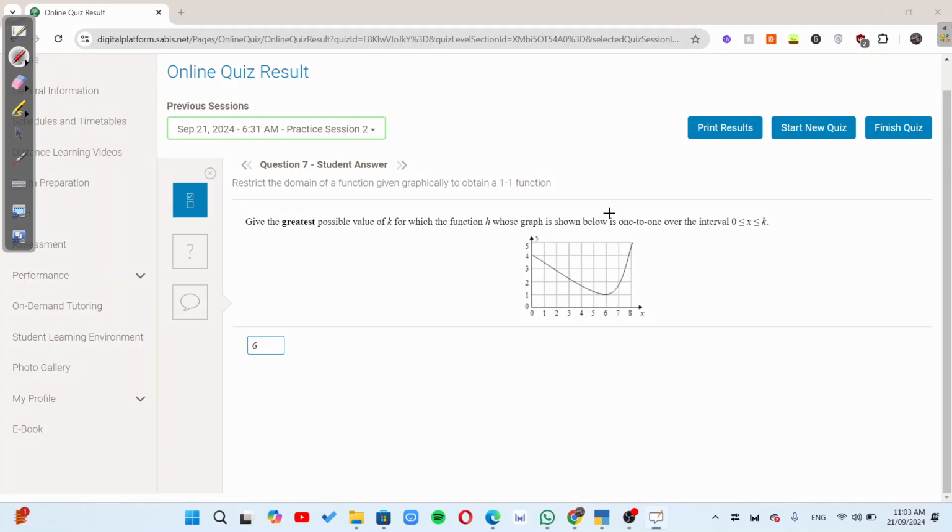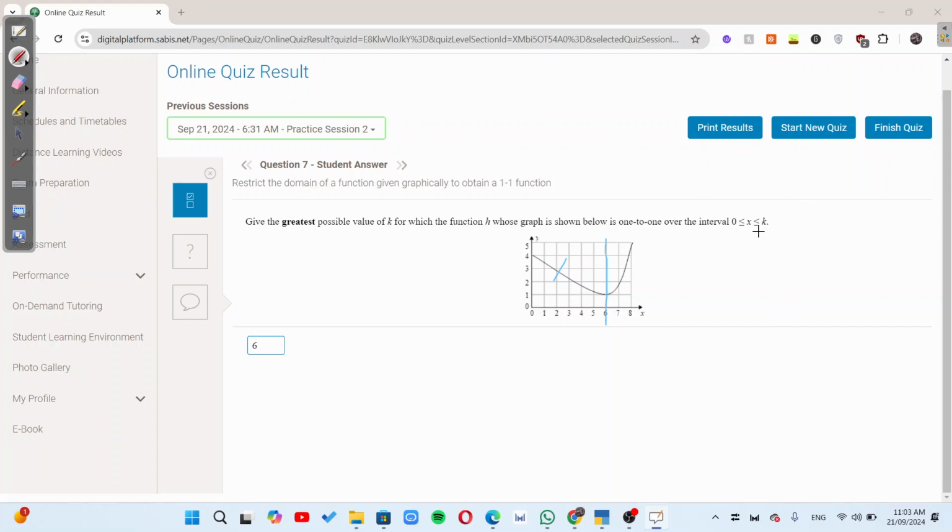Okay, so for this question, it's really easy. They want you to make this many-to-one function only one-to-one. So here's what you're gonna do. If it's a going down slope, or whatever type of slope, you find the lowest point on your slope, which is here. And you see what number it's touching. So here in our case, we have the number 6. So it means that if you cut this part, you make it one-to-one, or if you cut this part, you make this one-to-one.